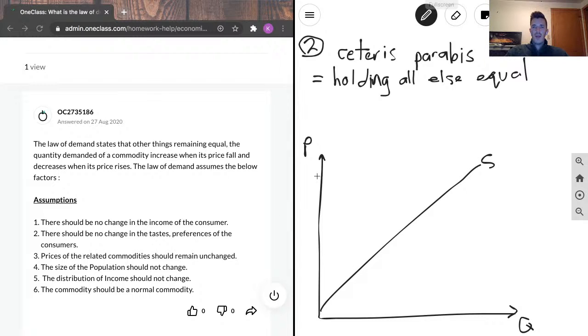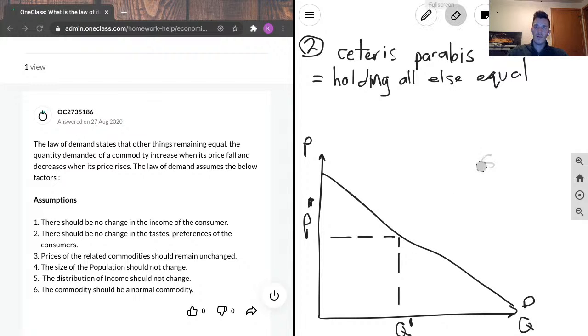Supply slopes up, demand slopes down, and where they cross we have our equilibrium quantity and our equilibrium price. But within this graph we have the demand curve in particular we can focus on.